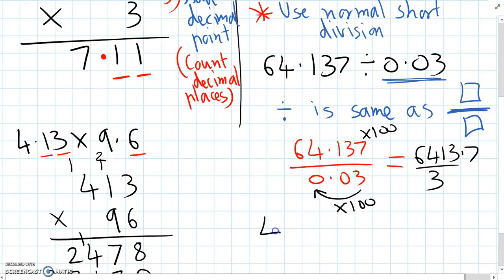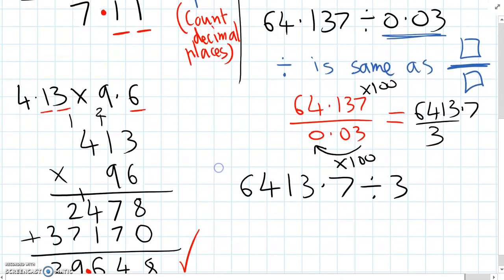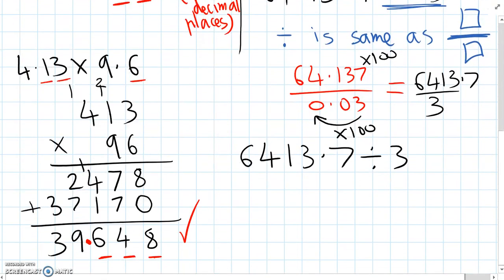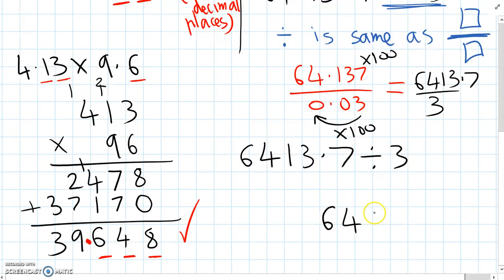And now we can go back to writing it as divide. 6,413.7 divided by 3. And now we have a whole number. So we can use our short division. 6,413.7 divided by 3.